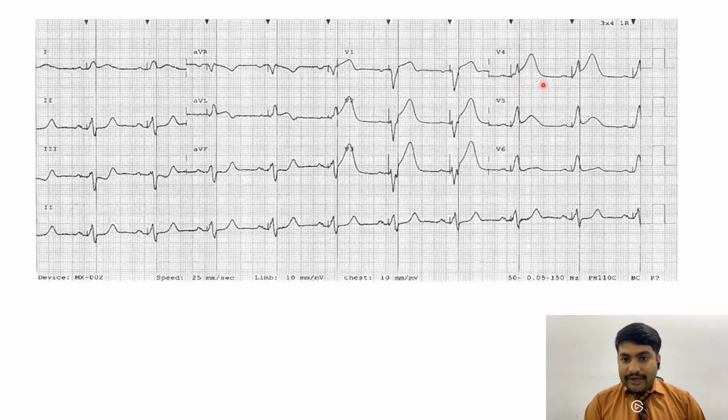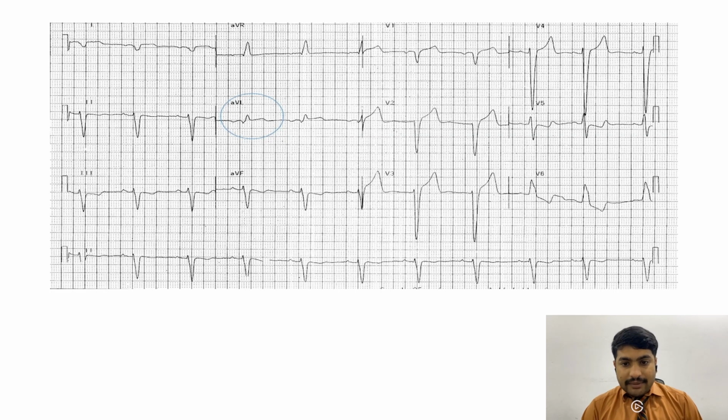So if we look at V4, we will see that in the standard left bundle branch block, in the positive QRS complex leads, our ST segment is depressed, but in this case this is elevated. So can we say that this is elevated more than 1 small block or 1 millimeter? Yes, it is. So our first criteria gives us 5 points, which is already significant. So this would be our STEMI in the presence of a left bundle branch block.